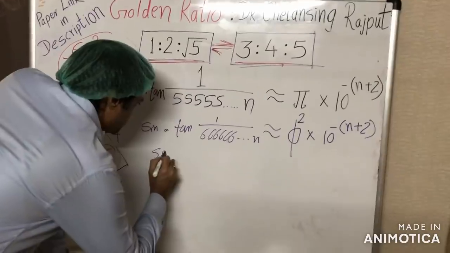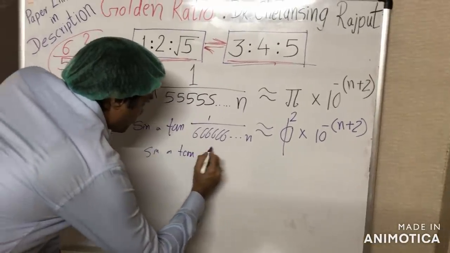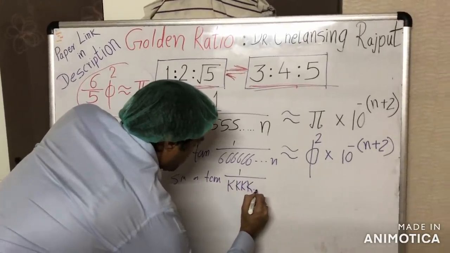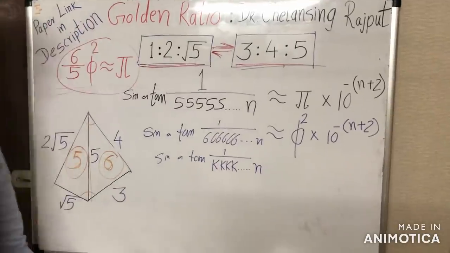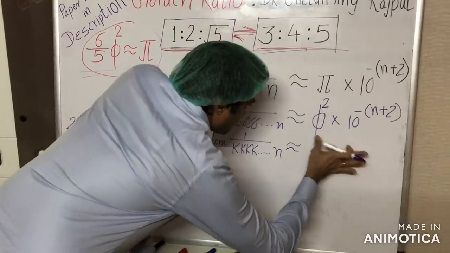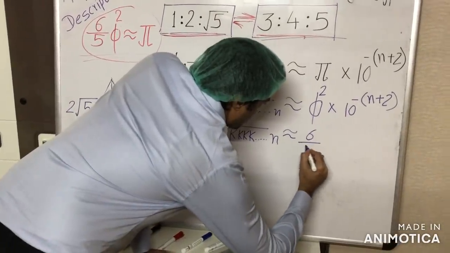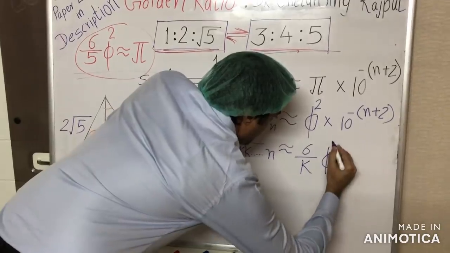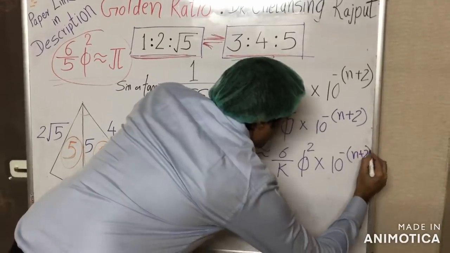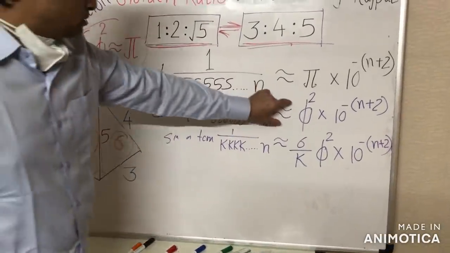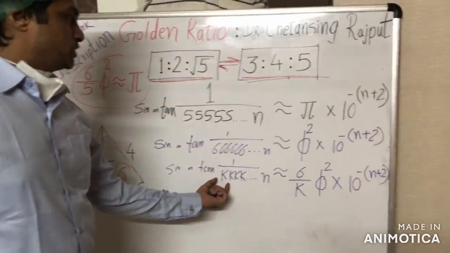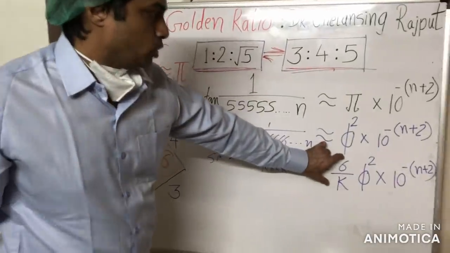If we get sine or tangent of any digit k, n times k, we get the formula like 6 upon k phi square into again 10 raised to minus n plus 2. What we're getting with digit 6, we can get the same thing with any digit k just by placing here 6 upon k.